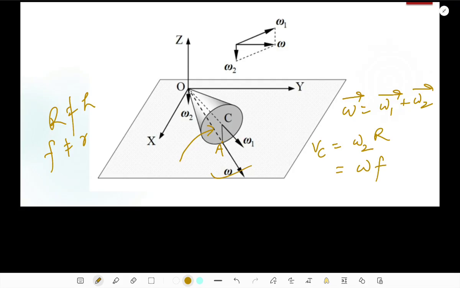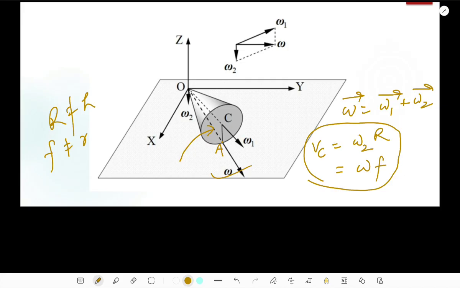The omega c, not vc, the velocity of the center of the cone, can be written in terms of omega 1 and omega.